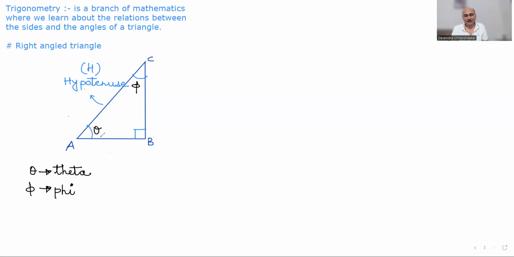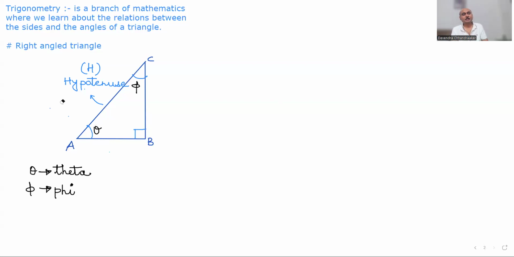So as I said, the sides of the triangles are named according to the angle we choose, right? So if I choose this angle theta, which is the side closest to this angle other than hypotenuse? Which is the side of the triangle closest to it? Base. AB, right?